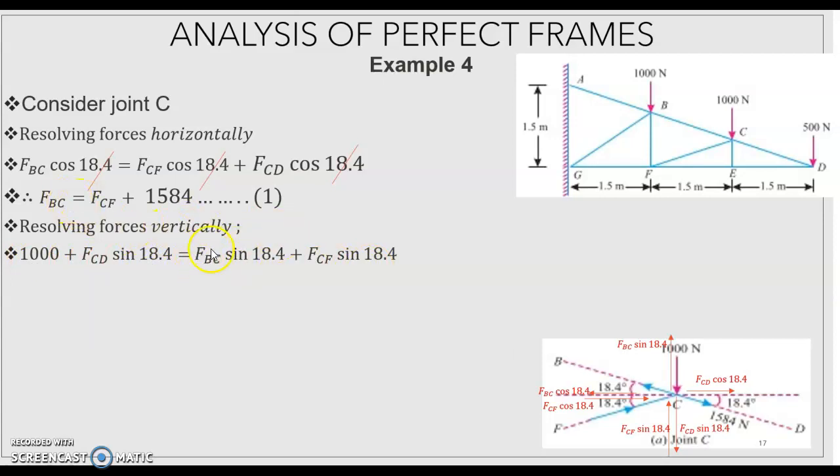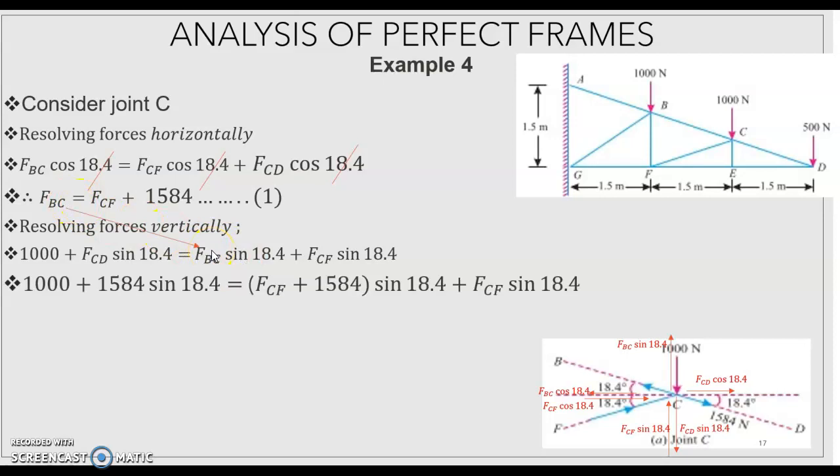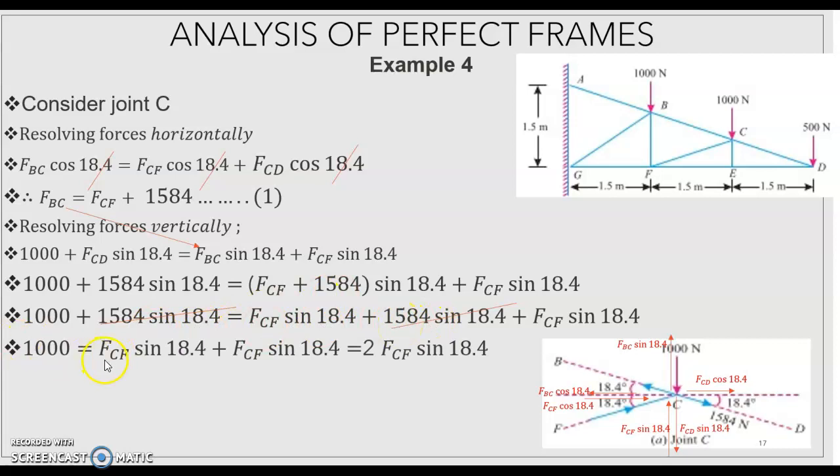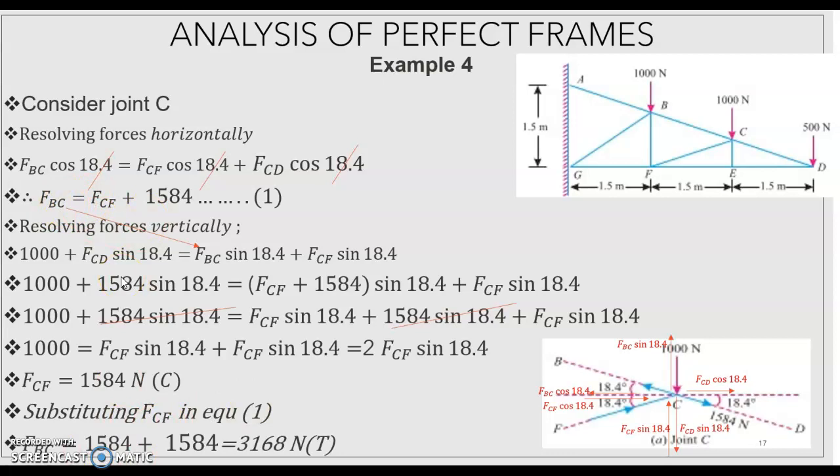Then substitute the value of FCB here and open the bracket. We get another equation, and the terms common to the right and left sides cancel. Then 1000 is equal to 2 FCF sin 18.4. Therefore, FCF is equal to 1584 Newton compression. Then substituting the value of FCF in equation 1, we get FBC equal to 3186 Newton.